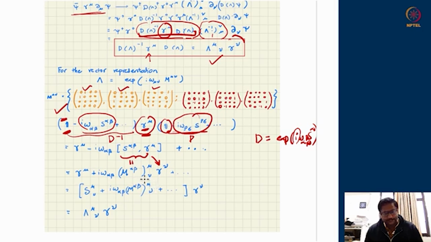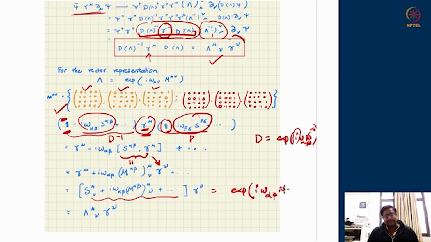If this happens, then again the whole expansion adopts the form of an exponential. These are the different terms appearing in the expansion of the exponential, and ultimately it will become exponential iota omega alpha beta. This time M alpha beta will appear because of the commutators being converted into M. You see in the expansion, commutator second power, commutator third power, and so on will appear.